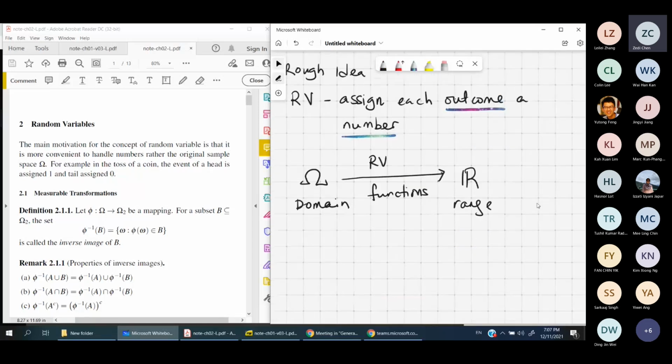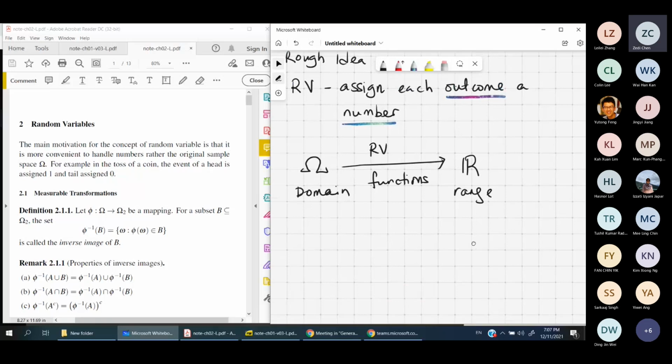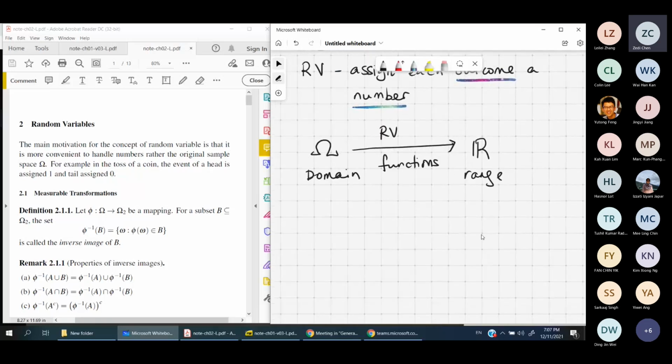Why do we want the idea of a random variable? The reason is here. First of all, the elements of omega might not be numbers.